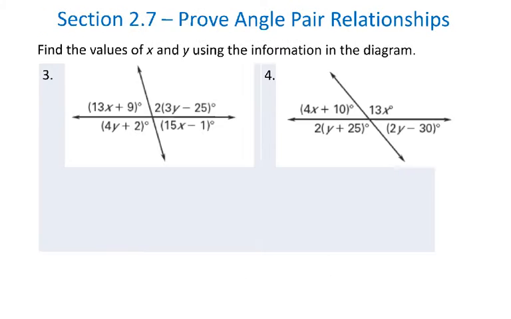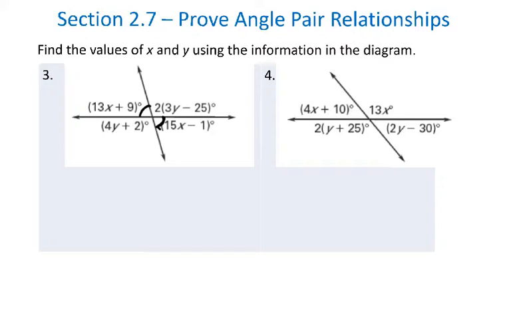Next slide. Okay. So on this one it says find the values of x and y using information in the diagrams. Let's just start on this. If we know vertical angles are congruent, we can set these two angles equal to each other and we will find x.